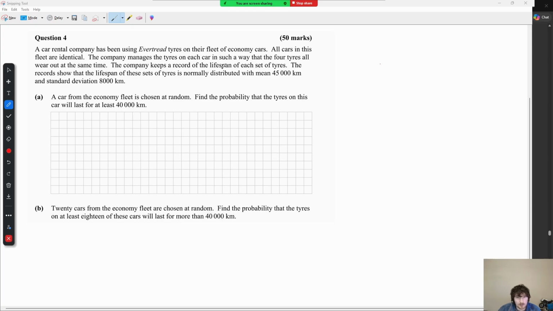The records show that the lifespan of the sets of tires is normally distributed with the mean of this. That's got units as well, so we've got to watch out for that. And then sigma is 8,000.